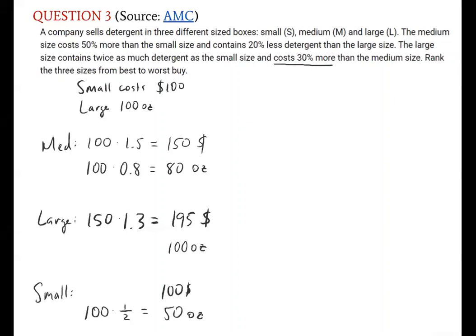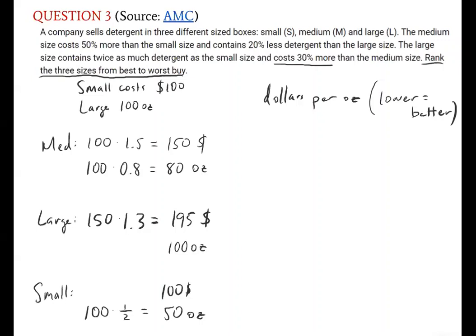So to rank all of these sizes from best to worst, we want to look at dollars per ounce, and the lower this number is, the better, since the lower the number is, the less you pay for each ounce, which is what we want.